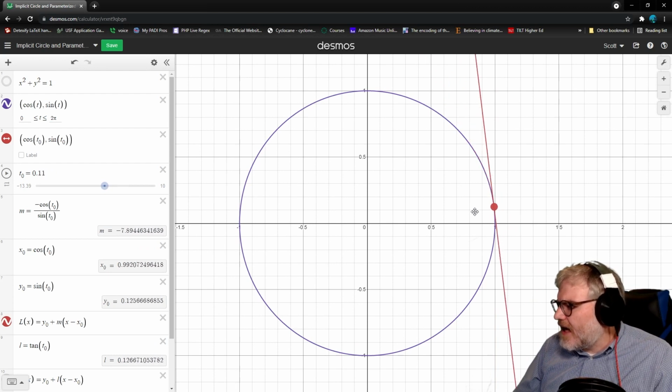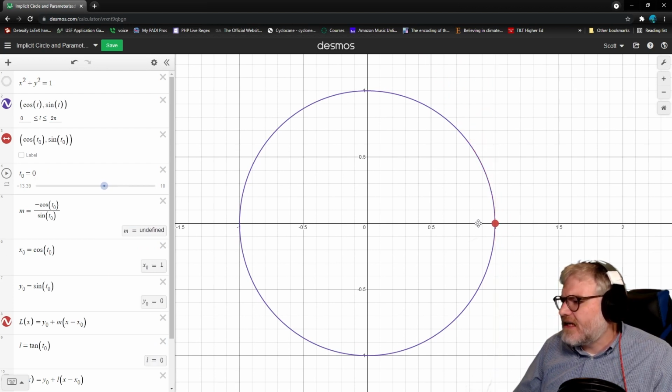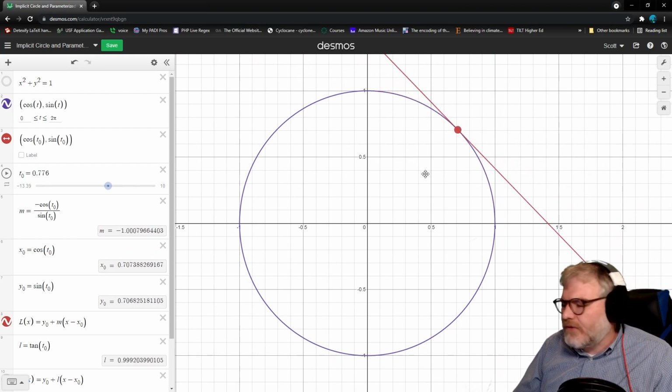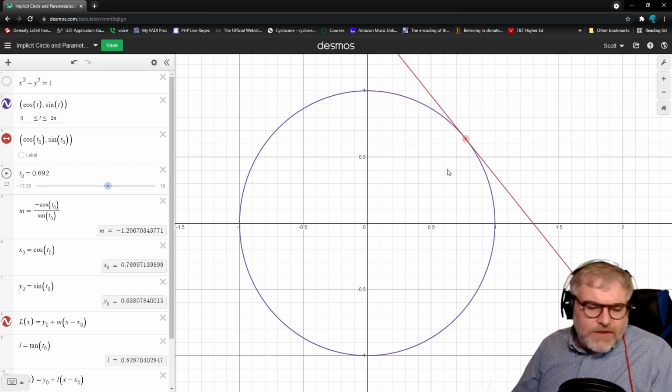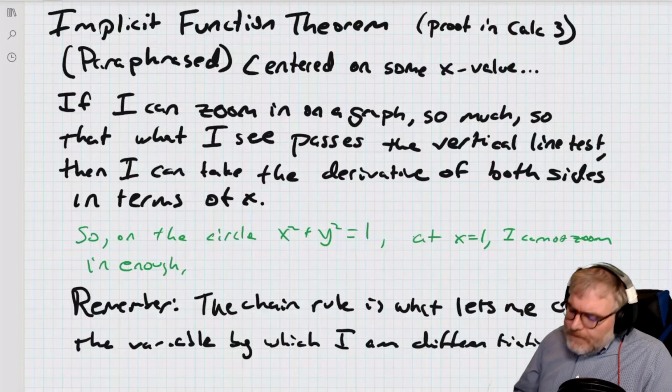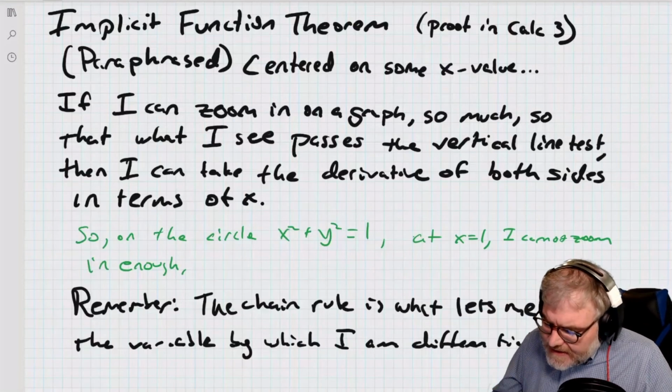So then I can express this thing as a function, as an output with two different variables. And that's basically what you're doing when you do it. There are some technical details in here that I'm skipping over. However, basically the theorem says this.